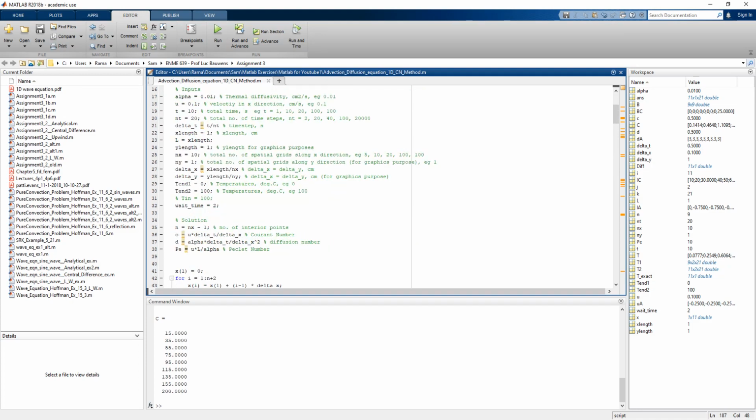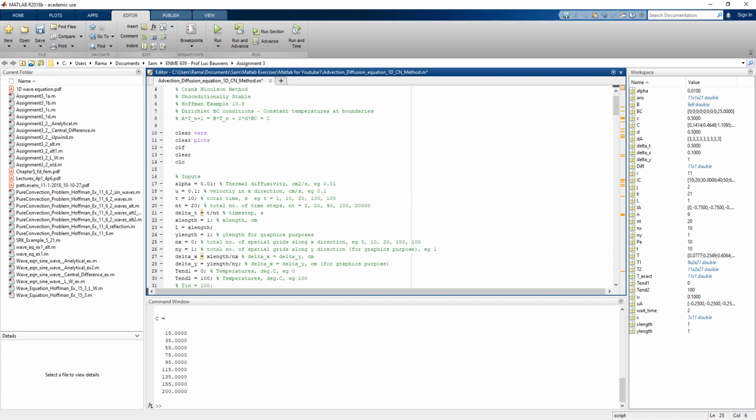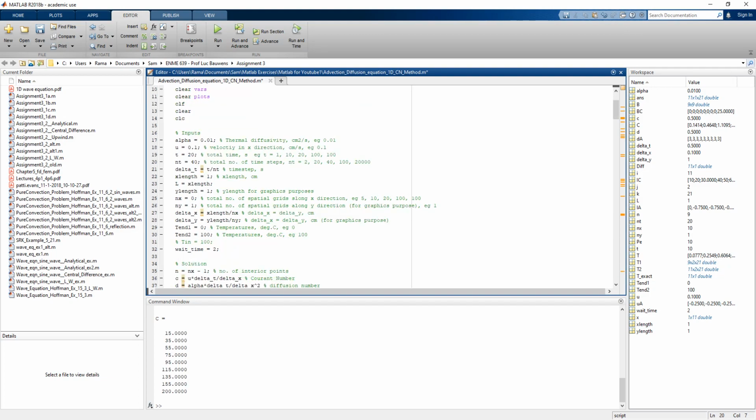So for the next run, we'll make total time as, say, 20 seconds and number of time steps as, say, 40, and nx, the number of spatial grids, as, say, 20, and rerun this case.